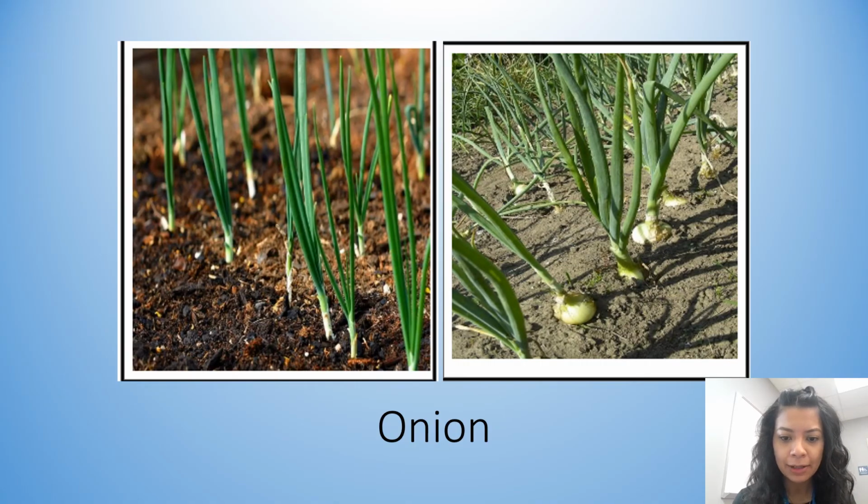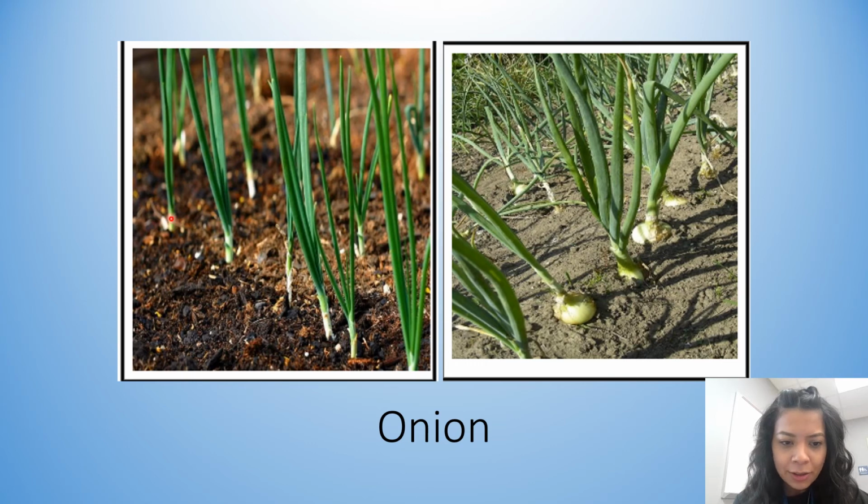Our next plant here, we have an onion. So let's take a look at these two pictures. Here is our baby plant onion, and this is when the onion is fully grown and it becomes an adult plant. We see here on the baby plants that the leaves are already growing out. They're very thin, they're skinny almost, and they're green.